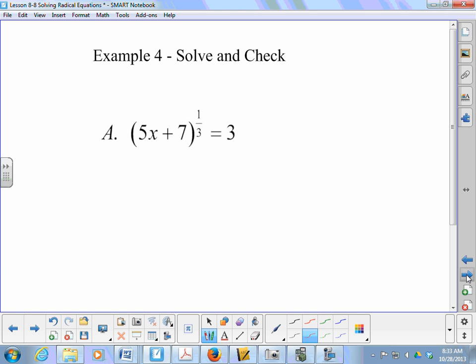So in this case, the index is 3. And so I'm going to raise both sides to the third power to start. So this is exactly like the first example we did. It's just they have a rational exponent instead of a radical. So we get 5x plus 7 equals 27.